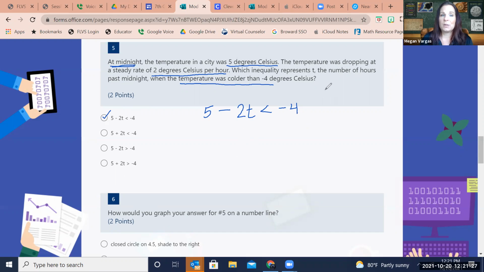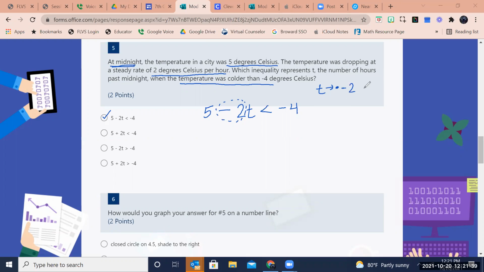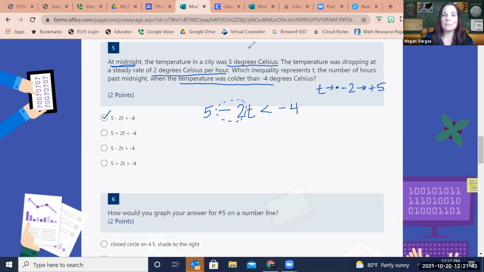So I'm going to write my order of operations. The t is being multiplied by, it looks like a -2, doesn't it? Multiplied by a -2. And then I'm adding 5, right? The minus in front of the 2 means the same thing as a negative.